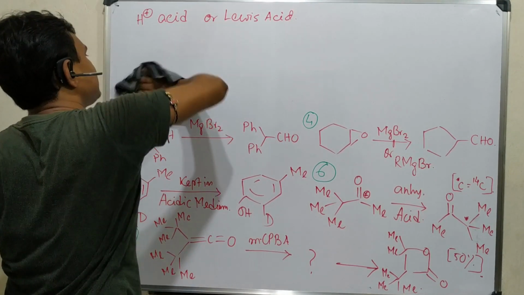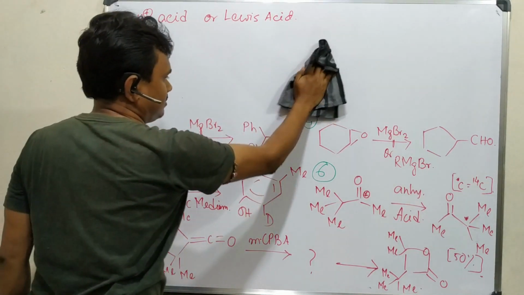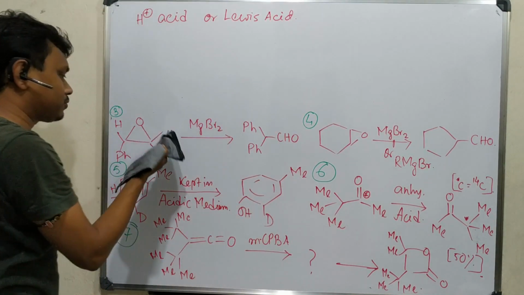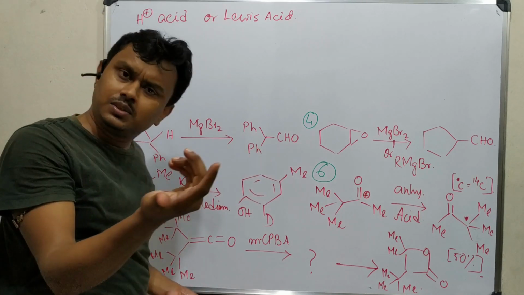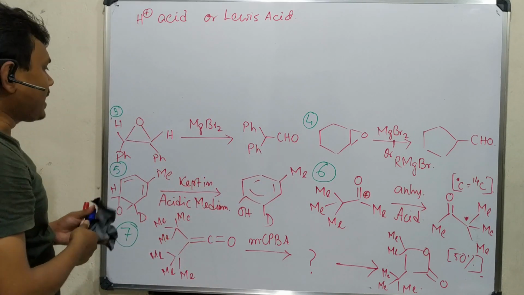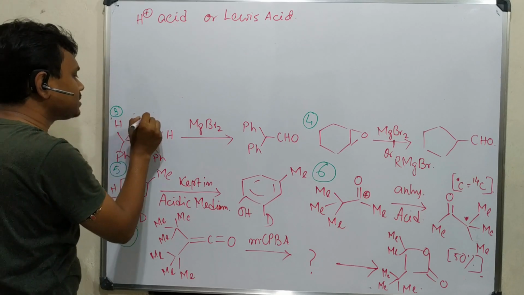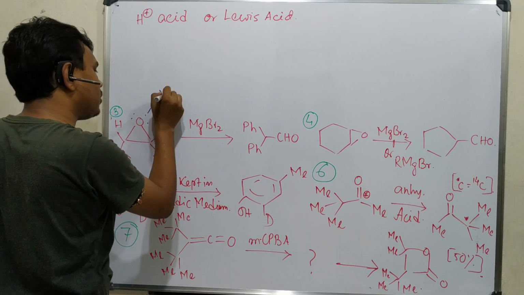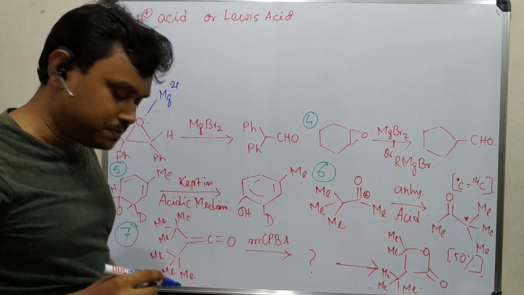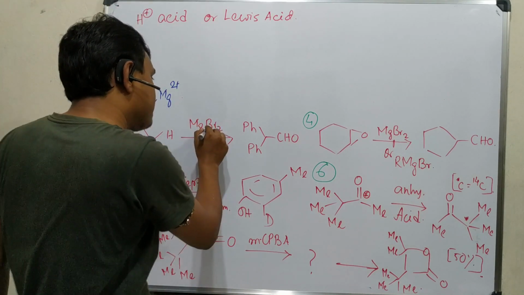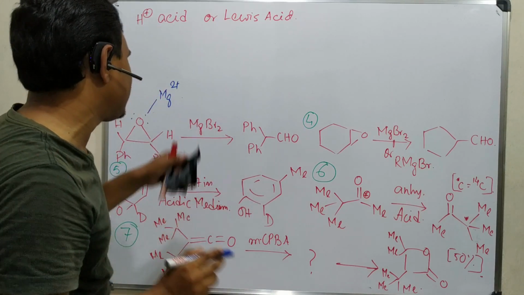Okay. So you can see it's a diphenyl epoxide, called diphenyl ethylene oxide, you can say. So what happened? Magnesium, actually magnesium 2 plus, the Lewis acid, coordinates here. You don't need to think about Br because Br has no role except maintaining the electron neutrality of the center.